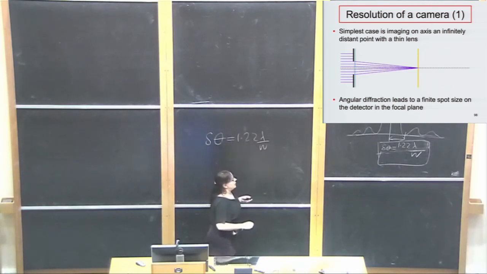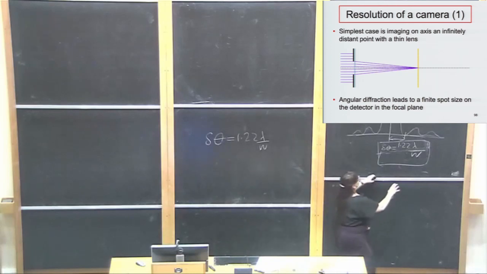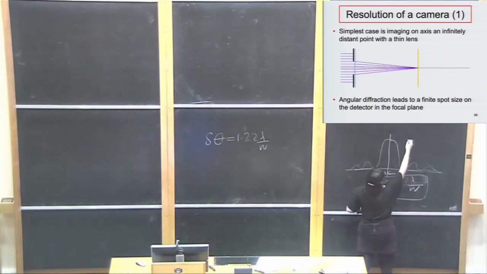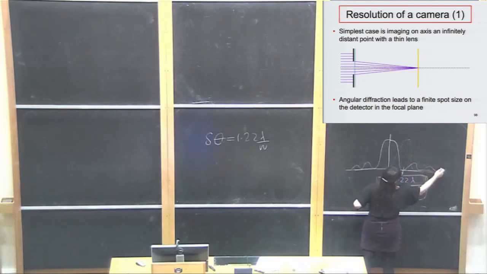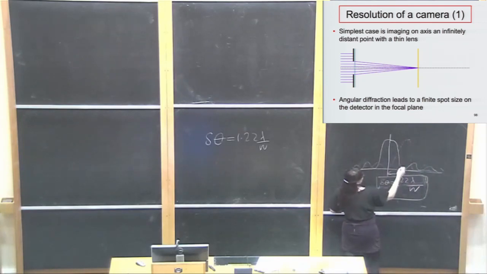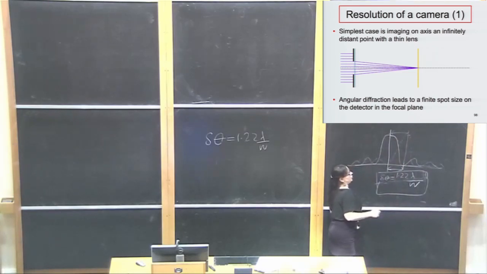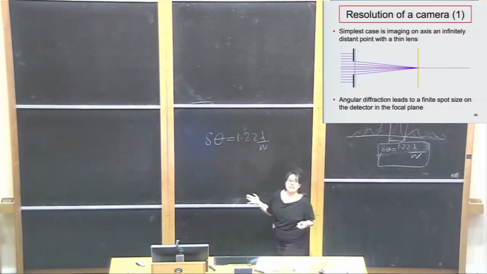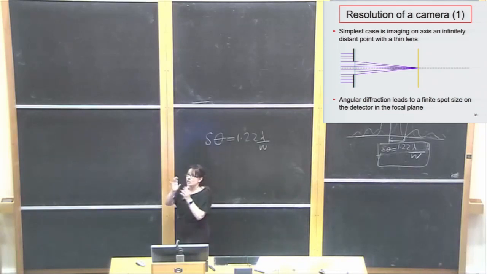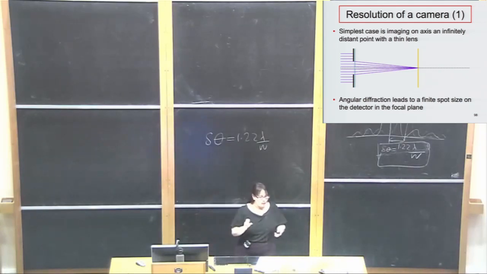Basically we're still using the Rayleigh criterion that we talked about yesterday as our limiting resolution. This is the angular resolution. It's going to define the smallest spot sizes I can produce, the smallest features I can resolve when I'm looking at things.